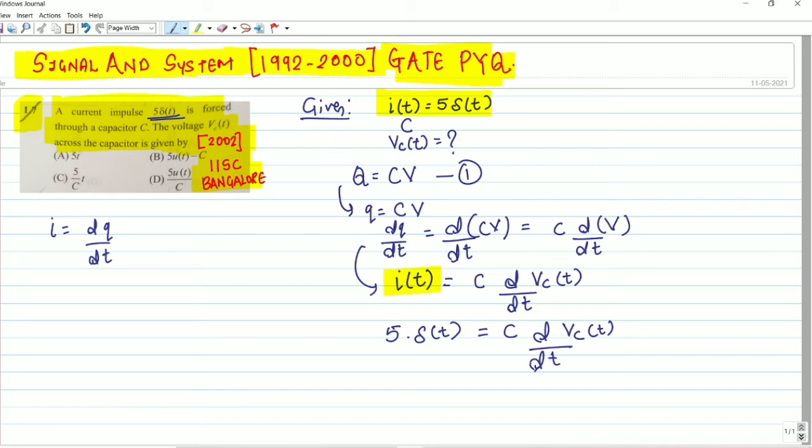I can take dt from the denominator on the right hand side to the left hand side. It will be phi into delta into dt. I can divide by C. It will be phi delta divided by C equals dV, the voltage across the capacitor. All of you have understood this part.